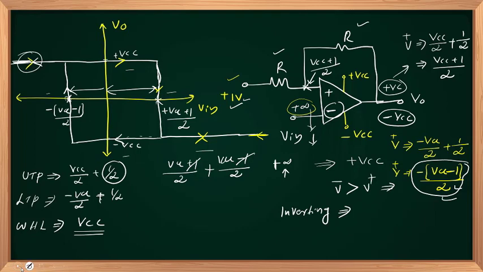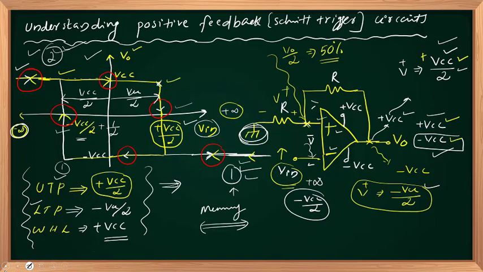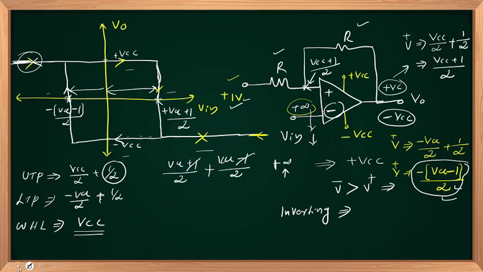Let us interchange the connections here. Initially, I have applied Vin here and I have grounded here. Let us interchange these two connections. Then my switch trigger circuit will become non-inverting type switch trigger.